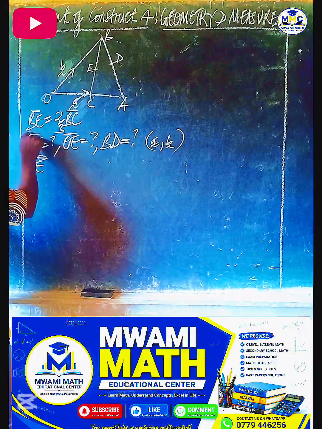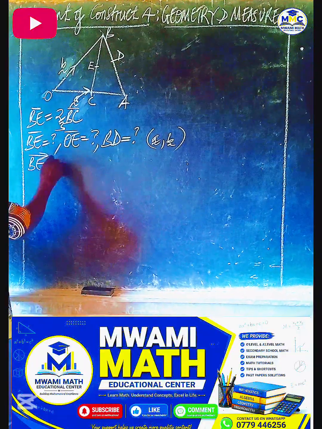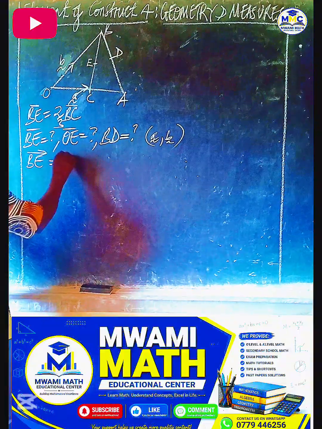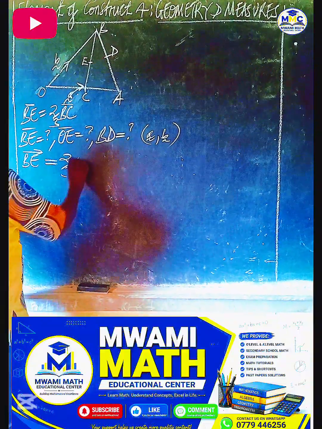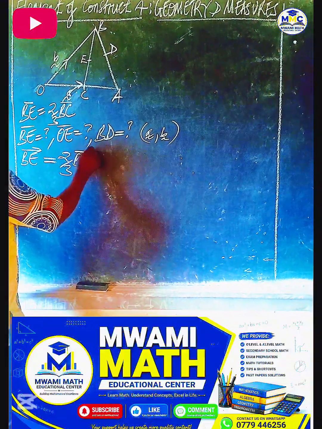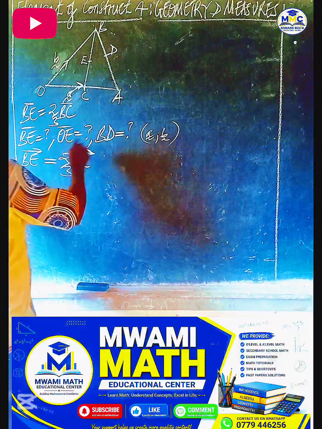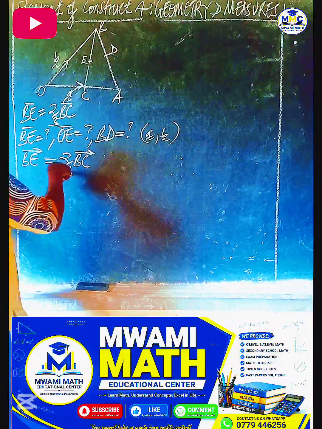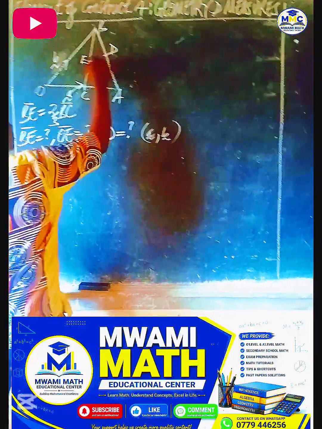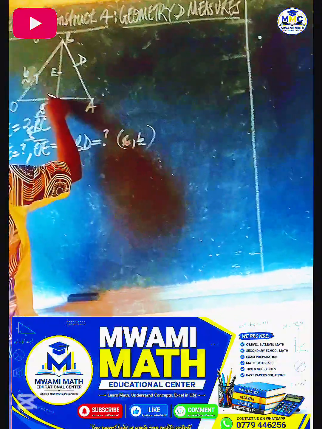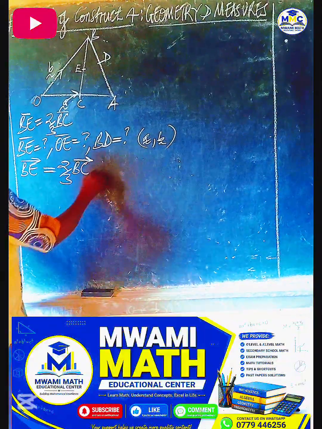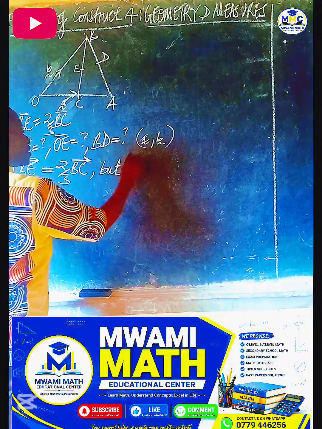But here we have been given that BE is 2/3 of BC. Okay? BE is 2/3 of BC. But what is BC?